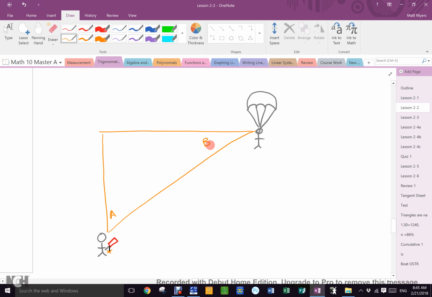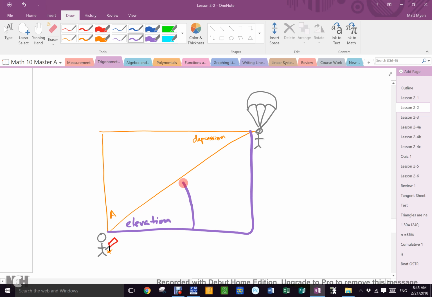It is B. This is my angle of depression. Now, what's weird about this situation that messes kids up? My angle of depression, how does it compare to Ryan's angle of elevation? They're the same.